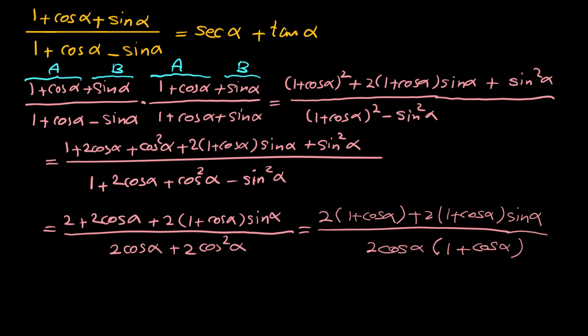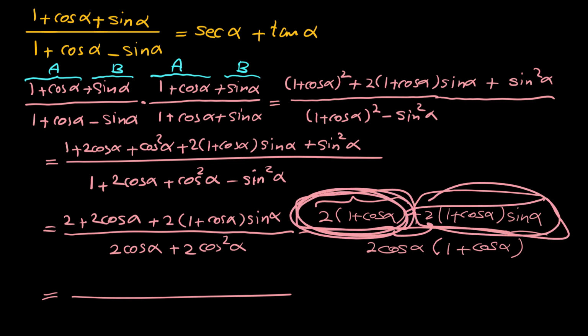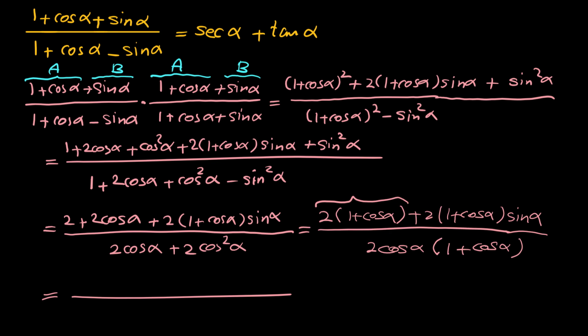Now look at the numerator. What do you see in the numerator? You can see that this is common between this term and this term. In the numerator we have this big term and this big term, and 2 times 1 plus cosine is common between them. So we can factor 2 times 1 plus cosine alpha from this term and this term.